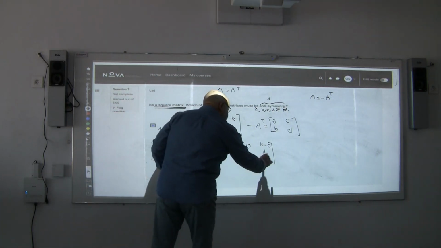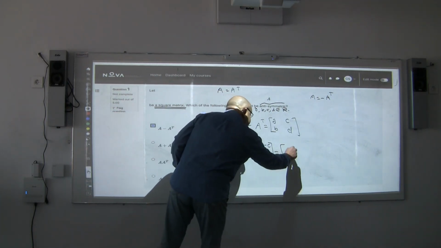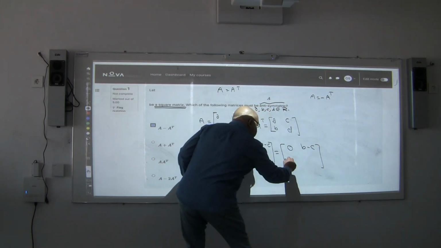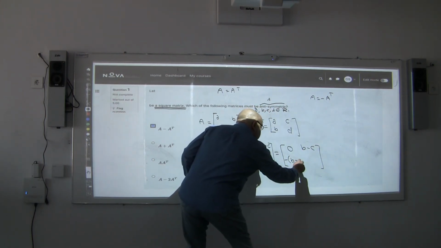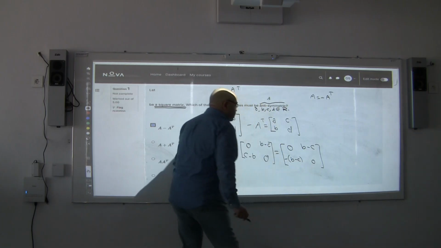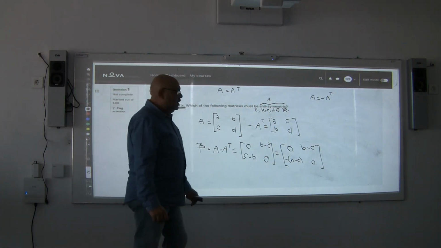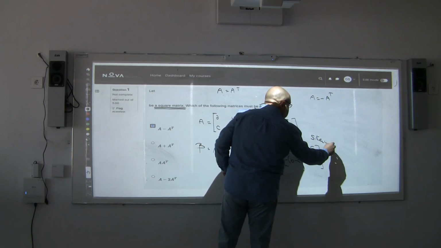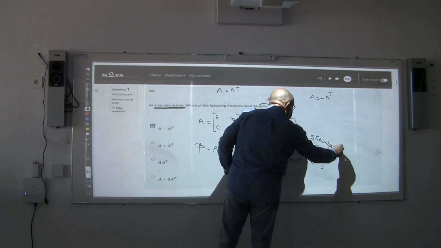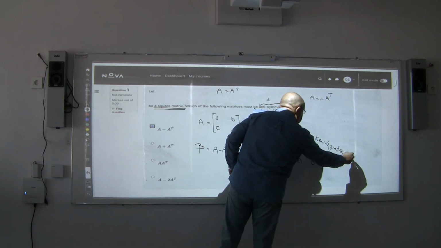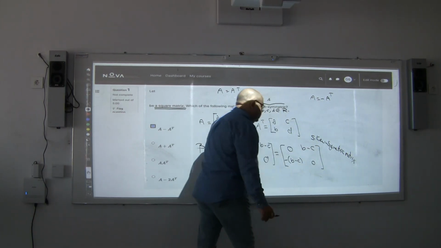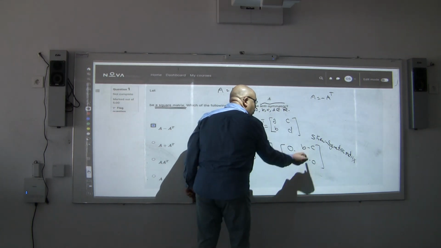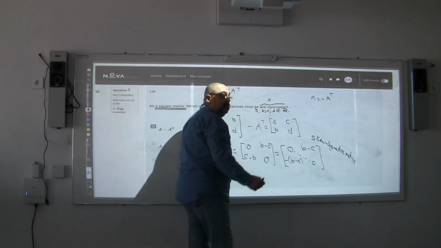It's really very obvious that I can get this in the form 0, B minus C, take negative as a common factor, B minus C, and the 0. And as you can see, this is a skew symmetric matrix. The principal diagonal element is 0, and these two elements have different signs.